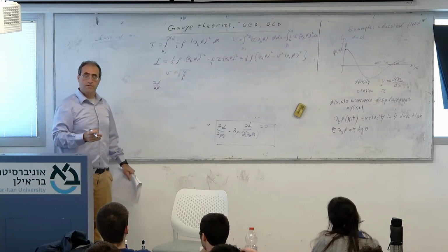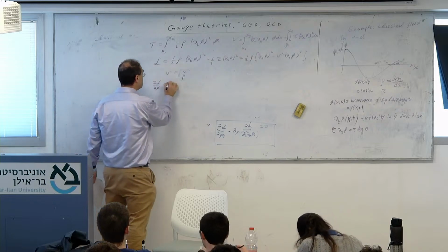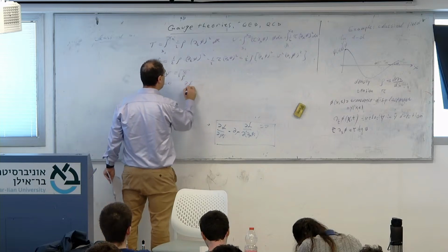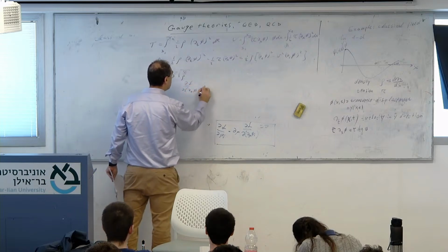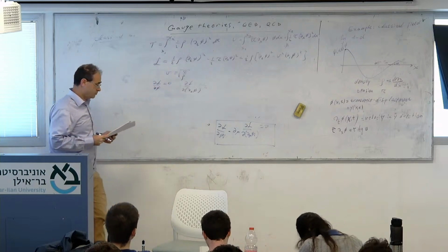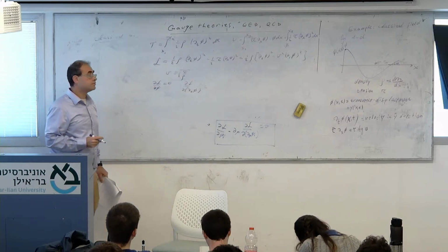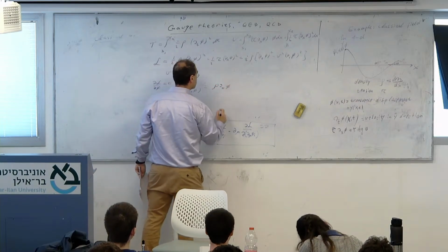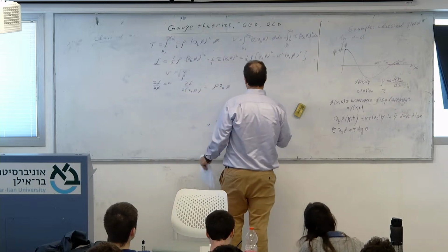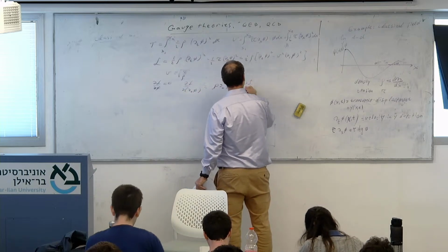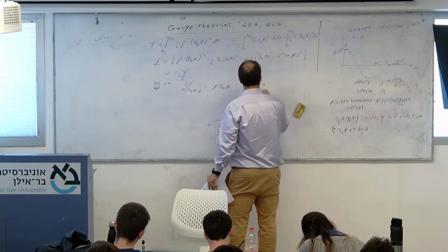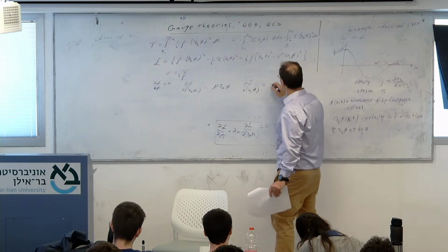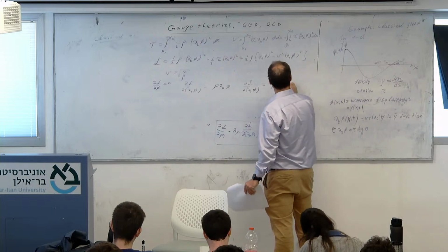What is the L defined? dL over d0 phi, and dL over d1 phi is minus rho v squared d1 phi.